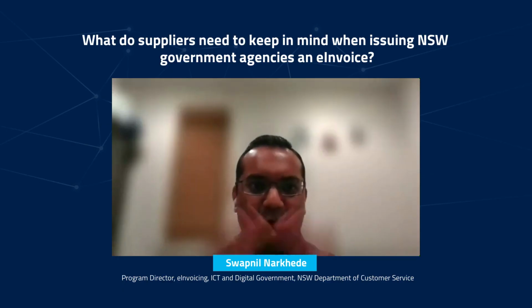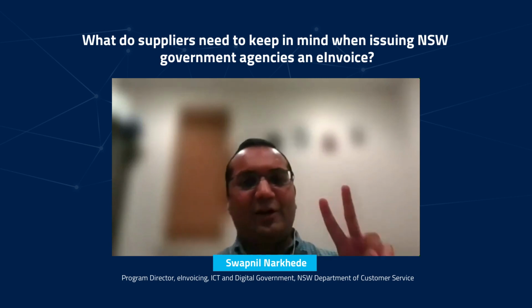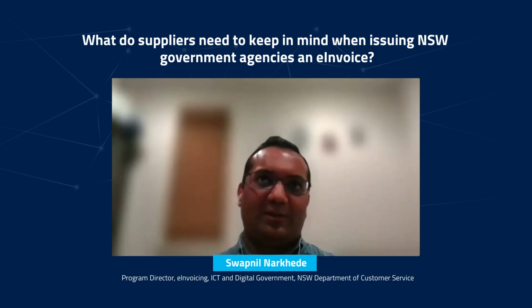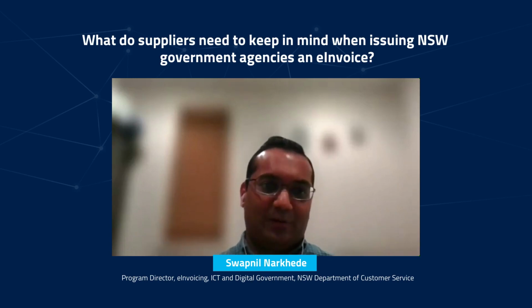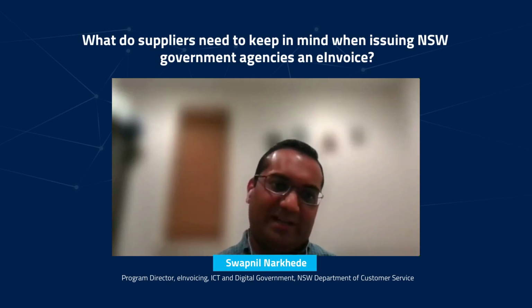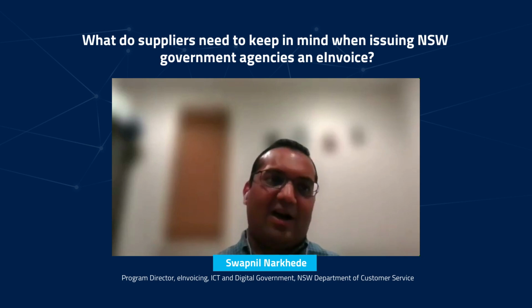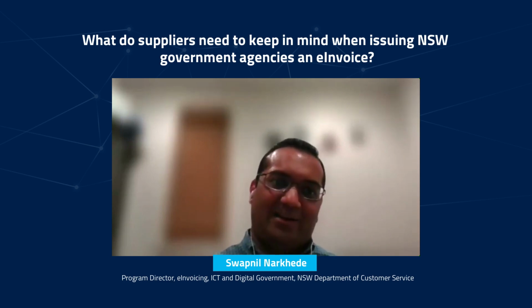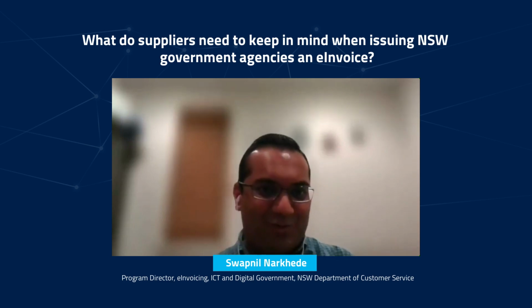We haven't tried to over-engineer things, but there are 2 things that I would like to call out, which are absolutely important for us to process an invoice. The first would be the purchase order, because across several New South Wales government agencies, they are moving towards a policy of no purchase order, no pay. If that's what they're trying to do in the incumbent landscape, we can't relax that validation in the e-invoicing world.